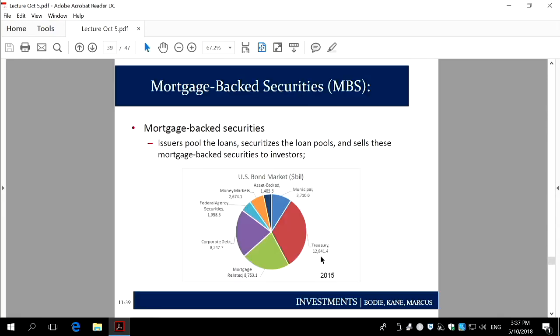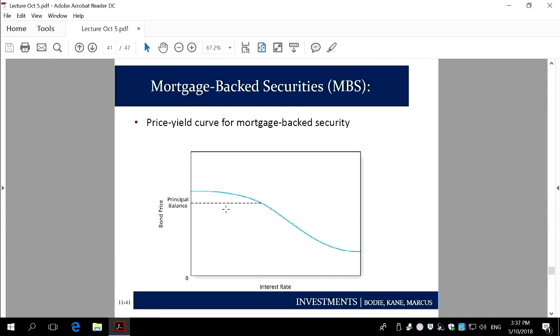But for callable bonds, the relation is a little bit complicated, because once the interest rate is smaller, which means the current value becomes higher, then probably the homeowner wants to refinance their mortgage, just borrow more money to pay the old mortgage back. That is why when the interest rate goes down, the possibility of early payment becomes higher and higher. So it's very much like a callable bond.